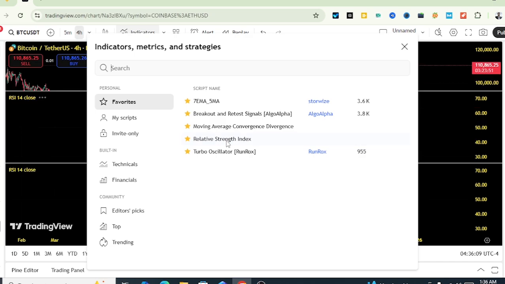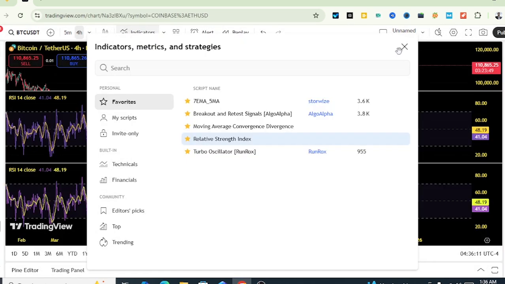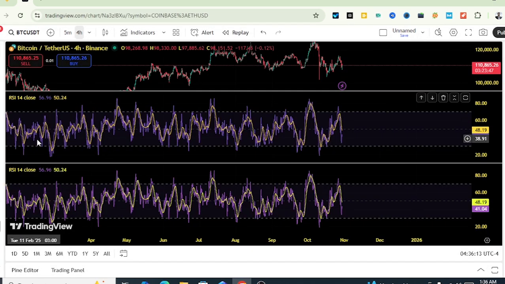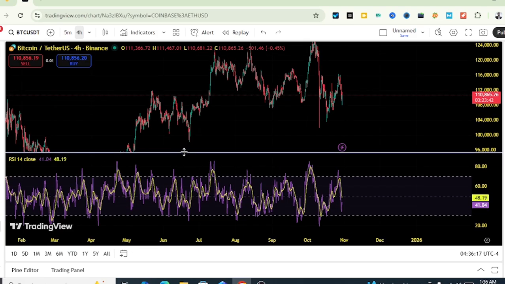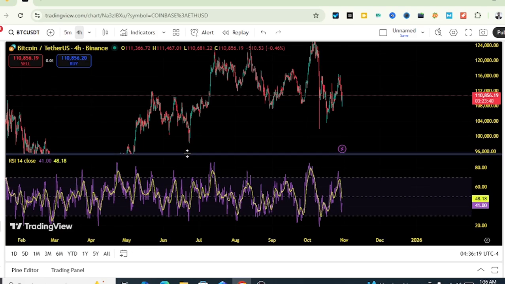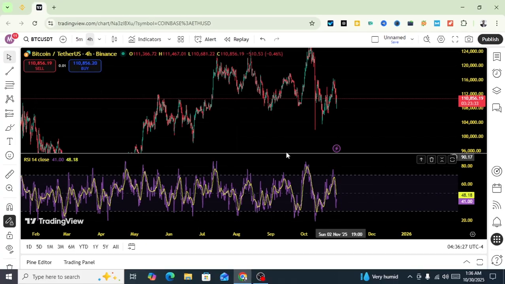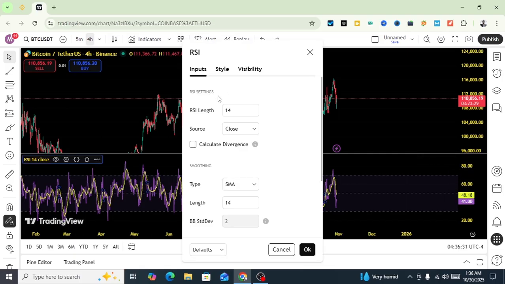Click on that, and it will automatically be added to your screen, and it shows the steps in TradingView, which will be easy for you. If we go to the settings, you can see the RSI length is 14.